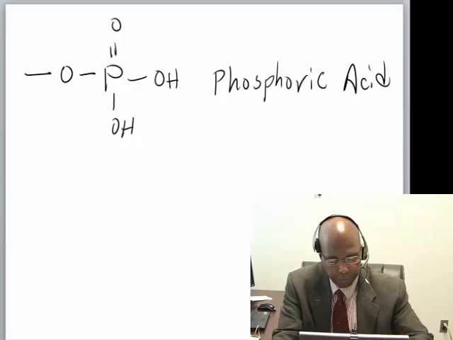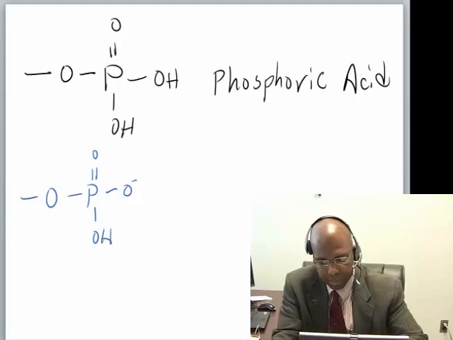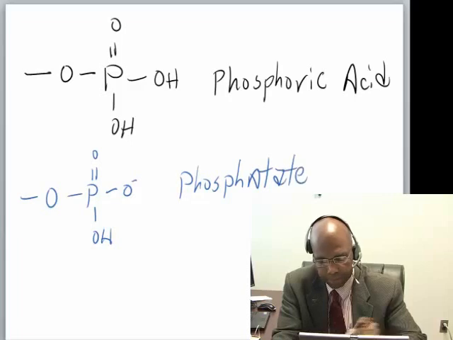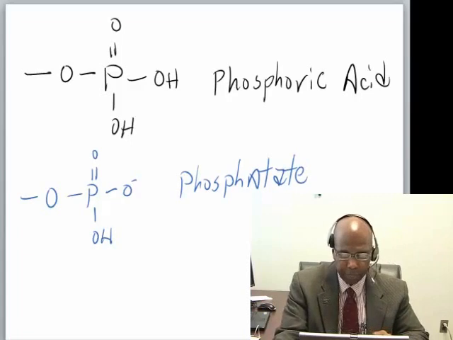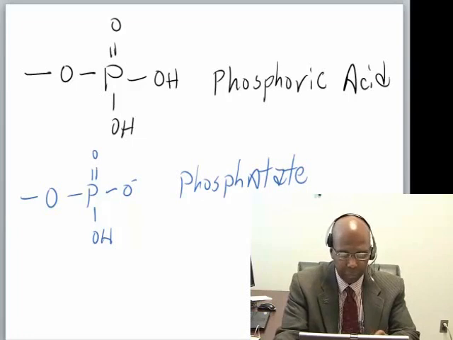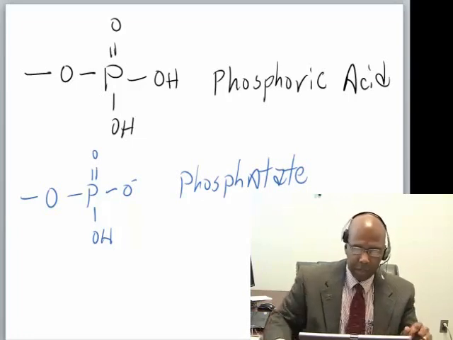If we lose one of those protons, then this becomes a conjugate base, a phosphate. And when you put a phosphate on something, that's called a phosphorylation.